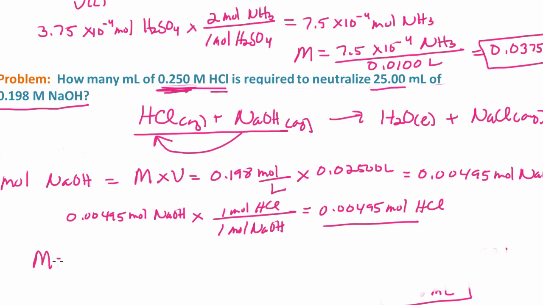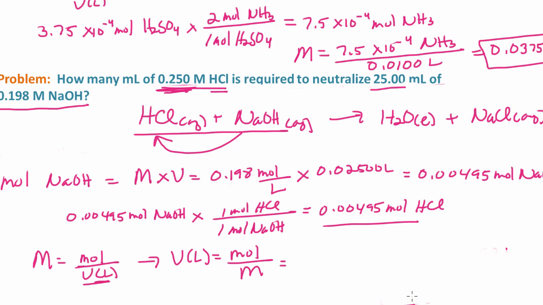Well, we know that molarity is equal to moles over volume, which is in liters. So I'm going to solve for the volume. So the volume in liters is going to be equal to the number of moles divided by the molarity.